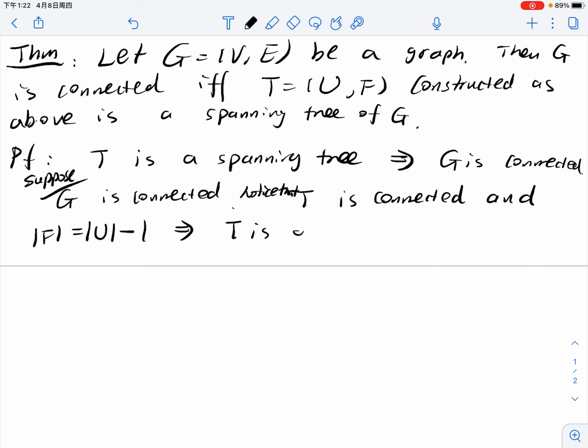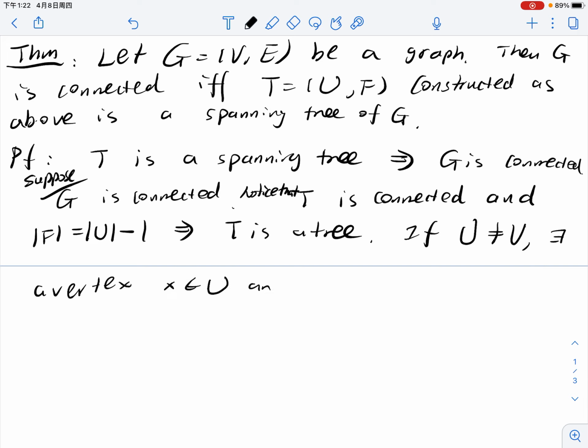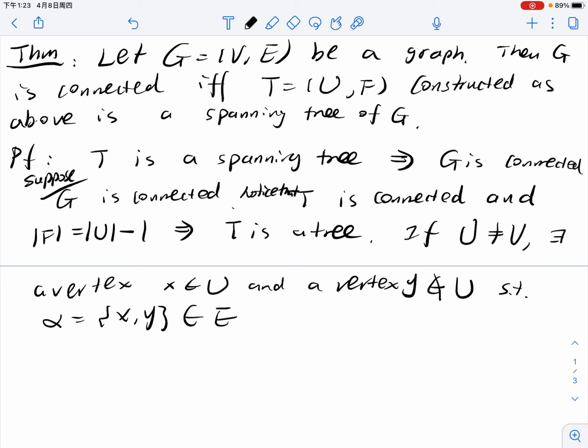Therefore, T is a tree. If U, the vertex set of T, is different from V, then there's a vertex x in U and a vertex y not in U, such that alpha is in E, where alpha is an edge incident with x and y.